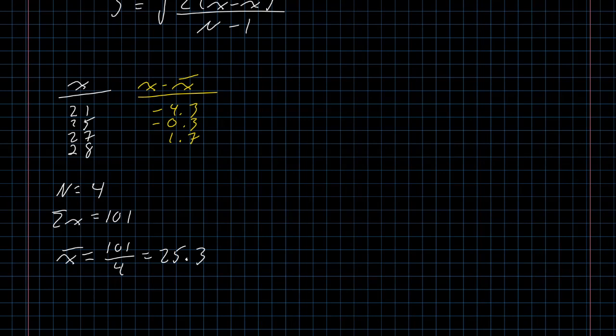And 28 minus 25.3 is 2.7. Then take each of these numbers and square them. 4.3 squared is 18.5. 0.3 squared is 0.09, which I'll round and call 0.1. 1.7 squared is 2.89, which I'll round and call 2.9.